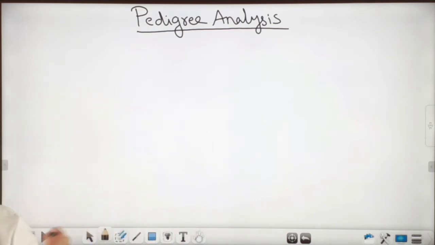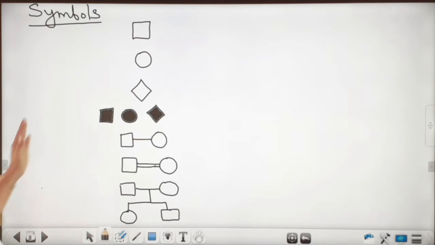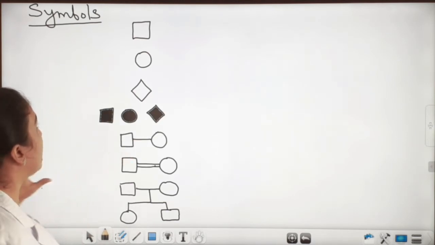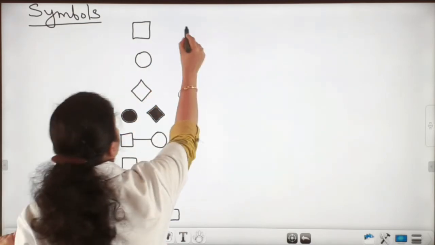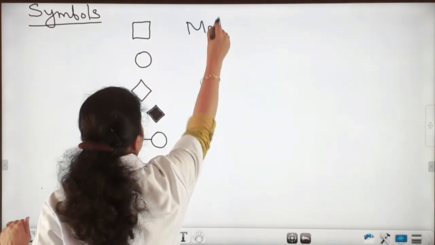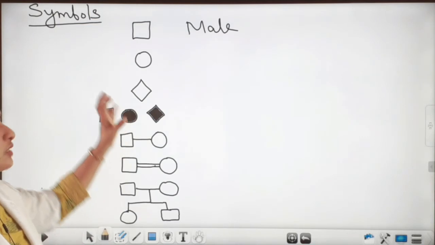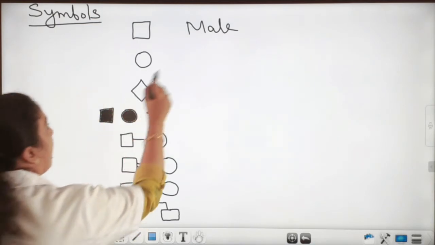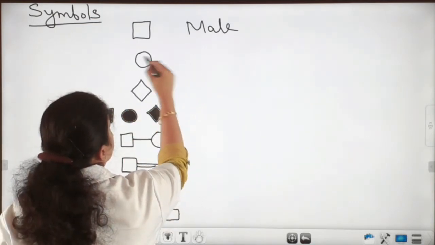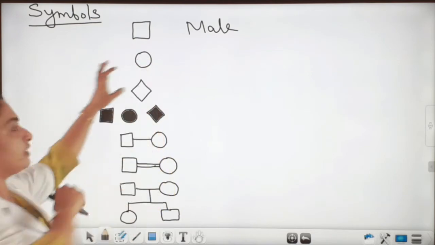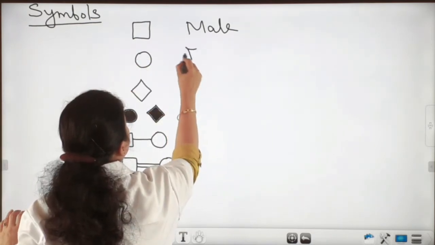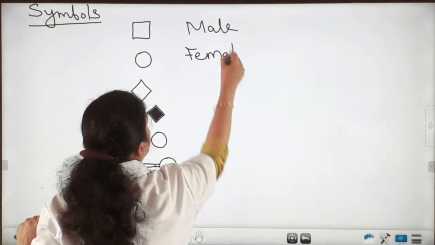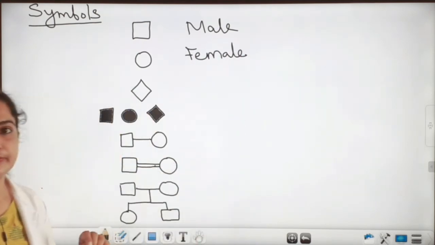Now we can see the symbols used in pedigree analysis. This symbol represents male. The square represents male, and the circle represents female.